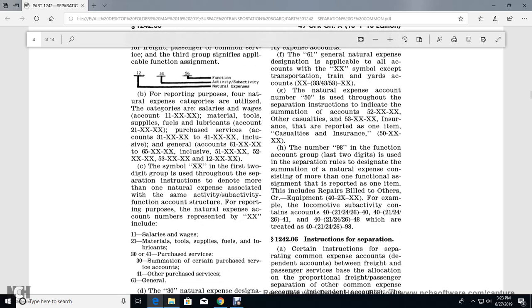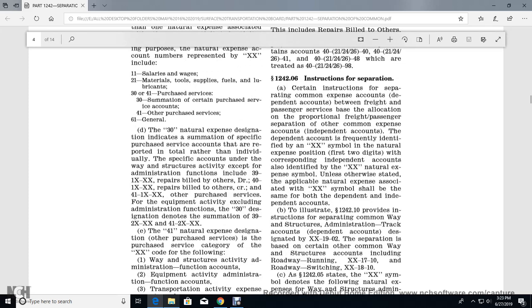The symbol XX is used for the first 2-digit group throughout the separation instructions when no more than one natural expense is associated with the same activity, sub-activity, function account structure. For purposes of the natural expense, the account numbers XX include: 11 salaries and wages, 21 material, supplies, fuels and lubricants, 30 and 41 purchased services, 30 assumption of certain purchased services accounts, 41 other purchased services, and 61 general.